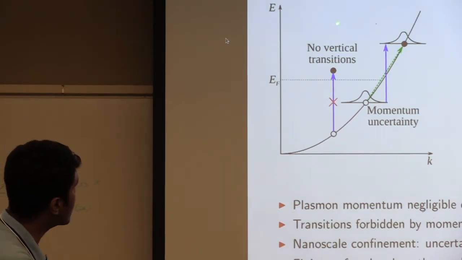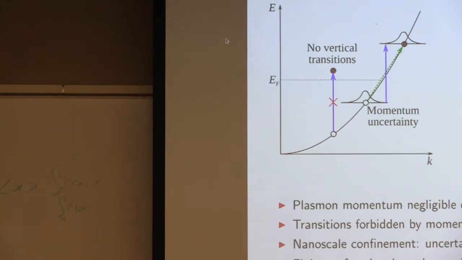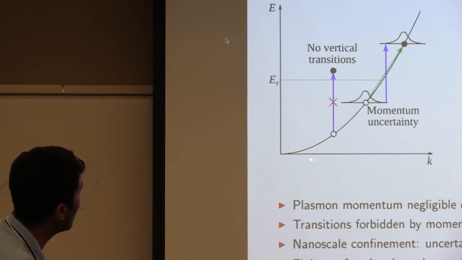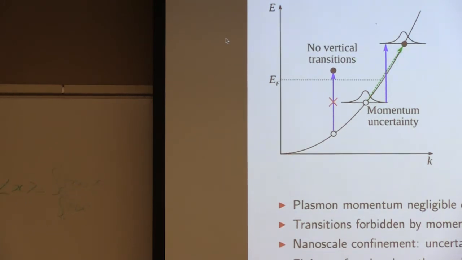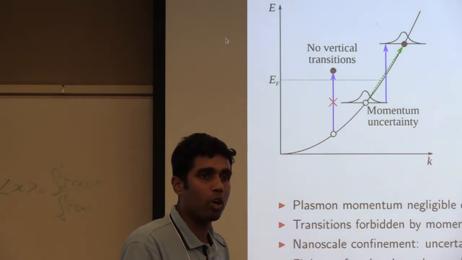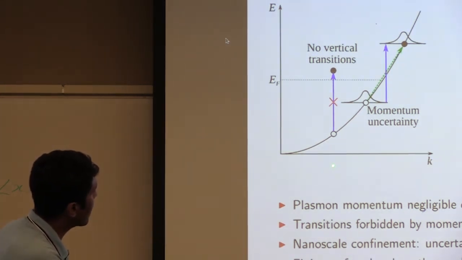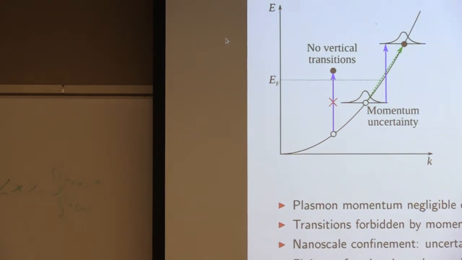So when you do this transition for momentum conservation, you have to go vertically on this plot. So if you think about a free electron metal like this, you basically don't have any transitions allowed. So a pure, infinite free electron metal cannot absorb light, because there are no pairs of states that conserve both momentum and energy with respect to a photon absorption.